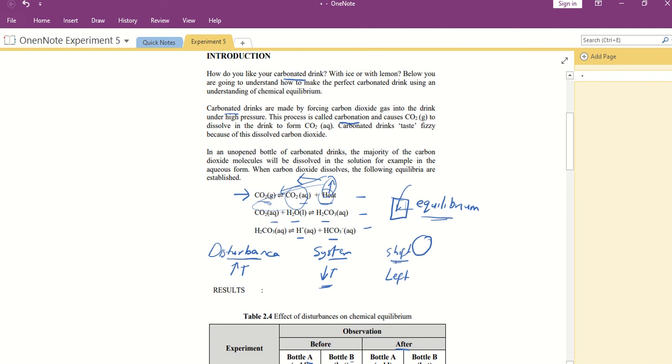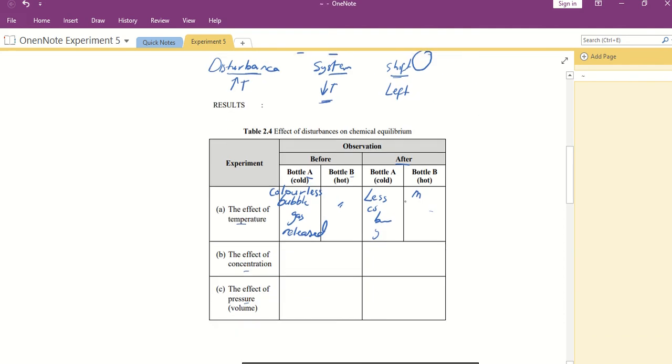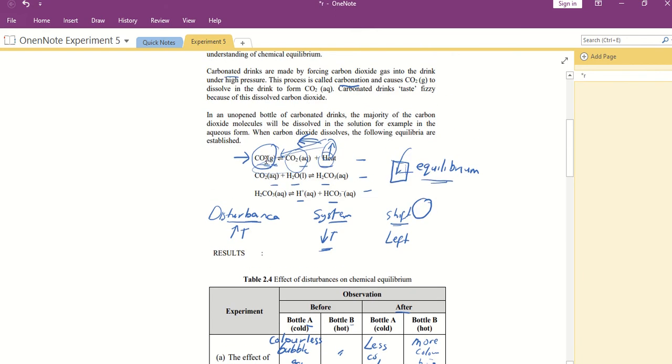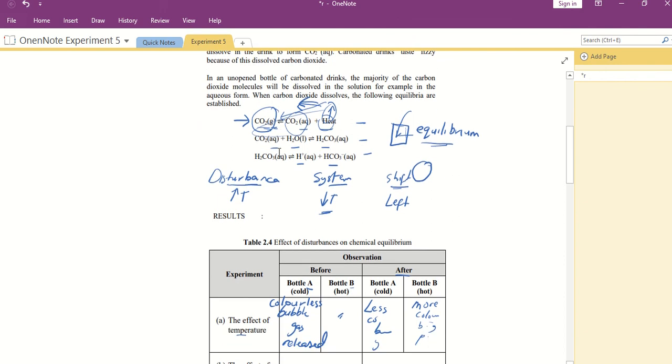So the shift is to the left, and it will form CO2 in gas. That's why the observation here is more colorless bubble gas produced, because we are forming CO2 in gas. You have to turn all that into sentences and include that in your observation and discussion.